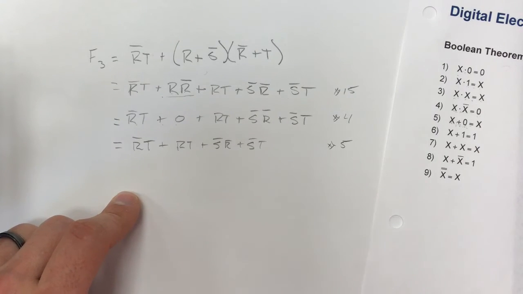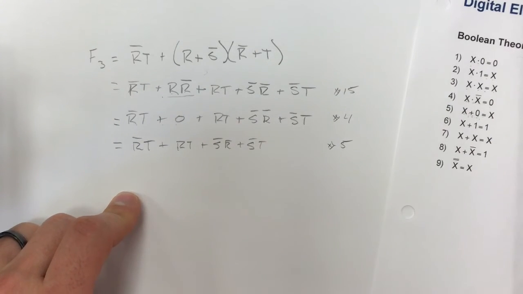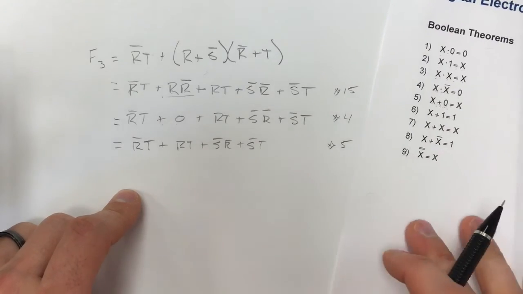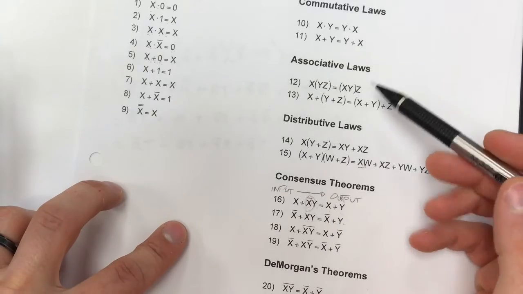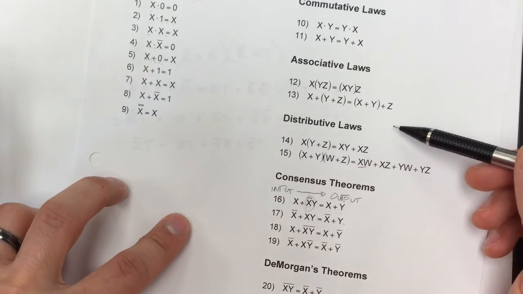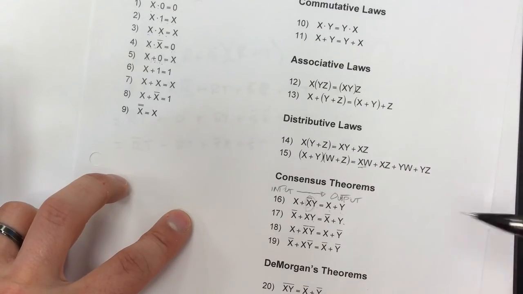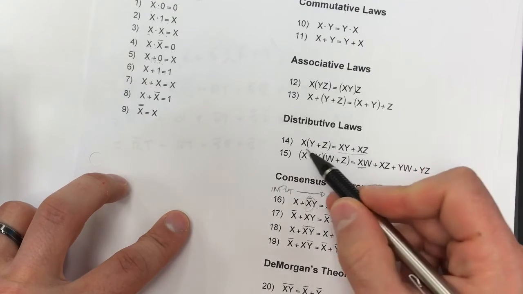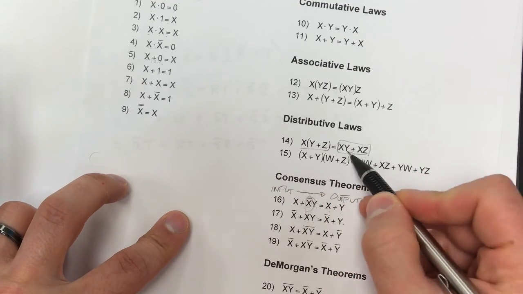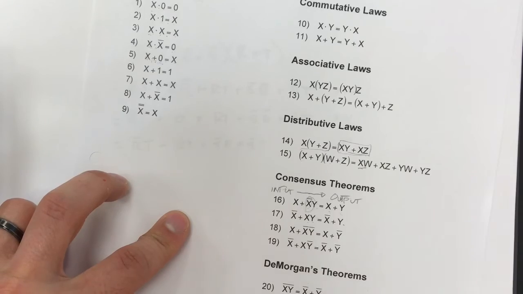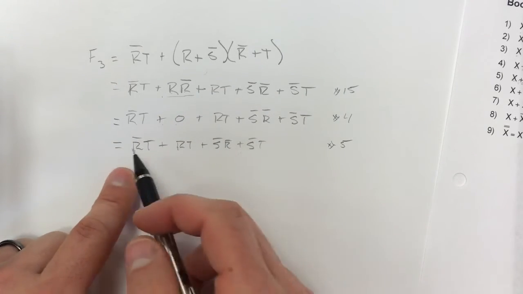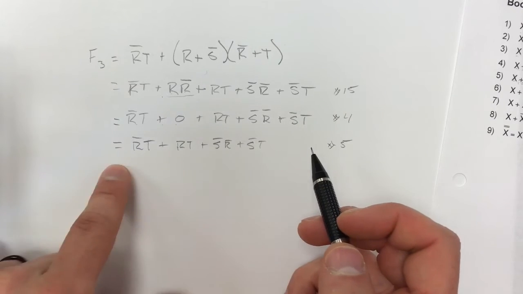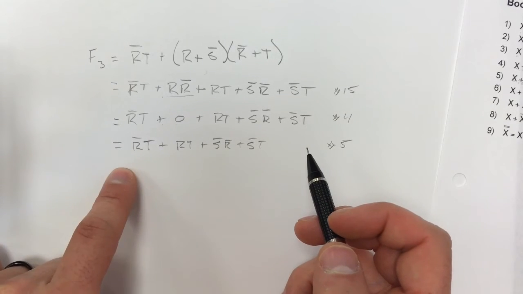Now, we can definitely go farther. We can factor out something out of this term, so we're going to use the distributive law in reverse. So what term can we factor out of this logic expression?